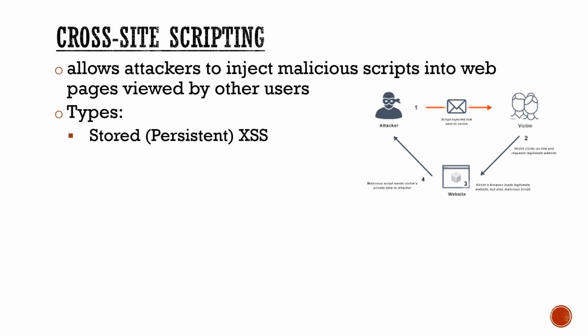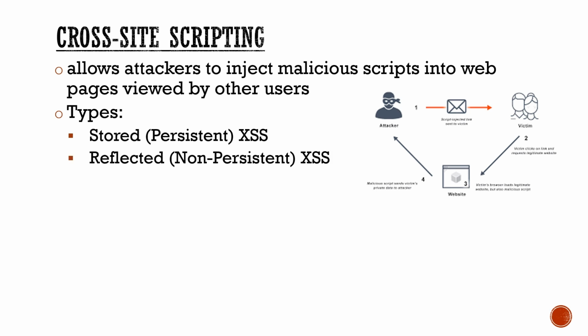So there are different types of XSS attacks. The first is stored or persistent XSS. The malicious script is permanently stored on a target server, typically in a database or a comment section. When other users view the affected page, the script is served to their browsers and executed.